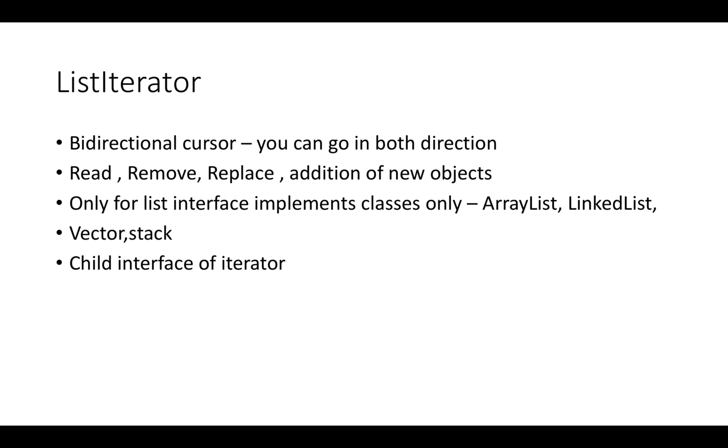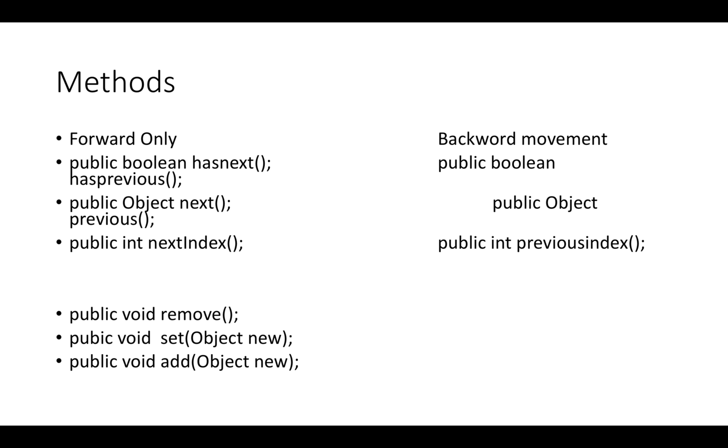ListIterator is a child interface of the Iterator. It means if you want to go in the forward or reverse direction, it provides a bidirectional cursor. For the forward direction, it provides hasNext for checking whether it has an element.